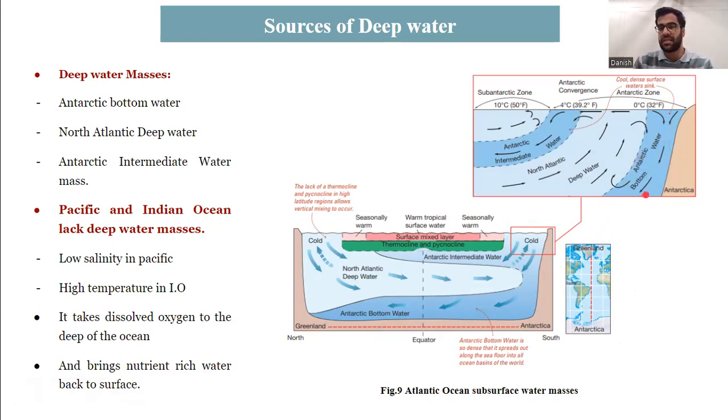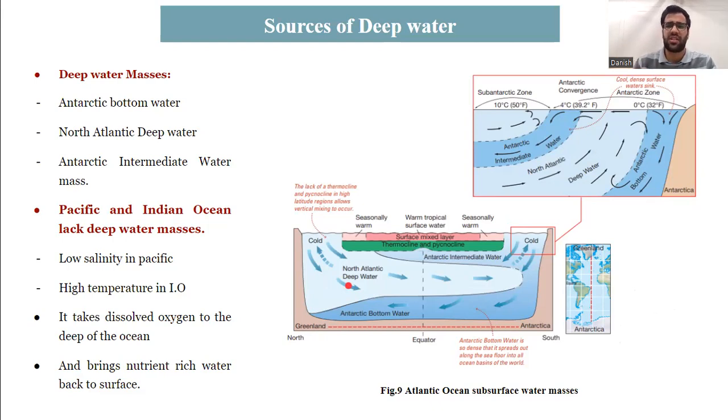This water mass is called the Antarctic Bottom Water. It has a high density, and later on it spreads throughout all the oceans. The same process occurs in the northern higher latitudes, where at many places the sinking process occurs, and the water forms one big water mass called the North Atlantic Deep Water.